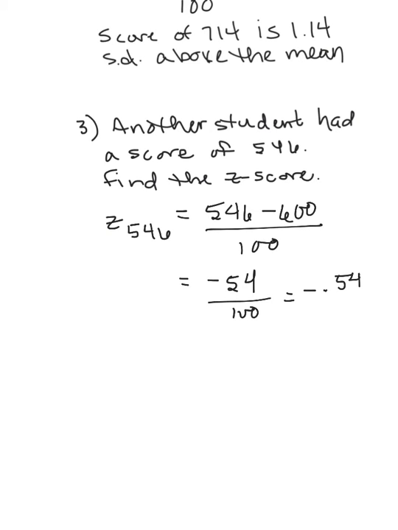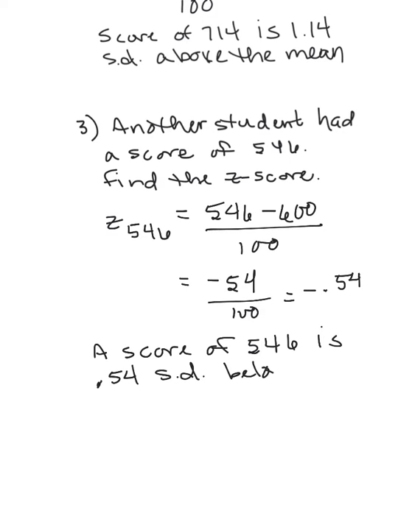So even though it didn't ask us for this information on this question, just for practice, I'm going to write it out. What you just found in doing this problem is that a score of 546 is 0.54 standard deviations, again abbreviating, and because it was negative, we say below the mean.